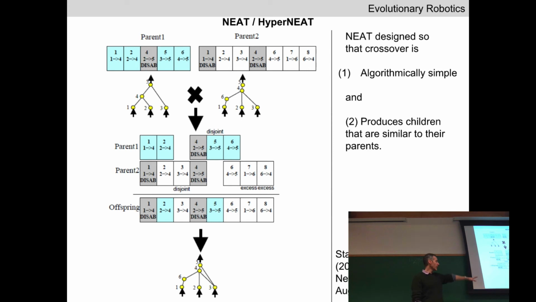Exactly. So if you look at the resulting child we get down here, it has 0 or 1 copy of every unique piece of genetic material in the parents, right? There's no pair of synapses that has the same number, right?